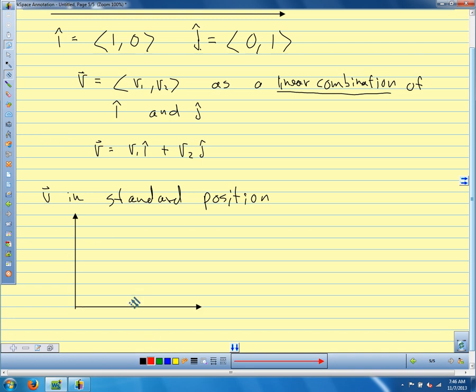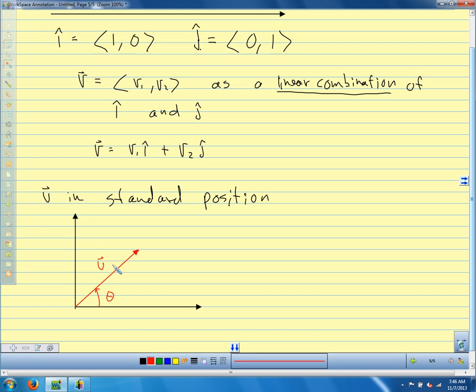Now I'll do my vector in red. So this is my vector u. And we think of its terminal point being on a circle. And we talk about this angle of rotation counterclockwise from the x-axis to our vector.